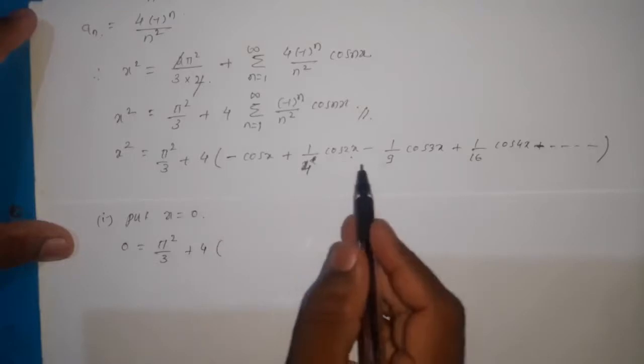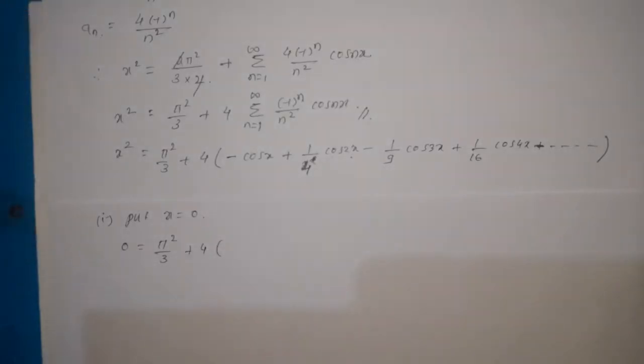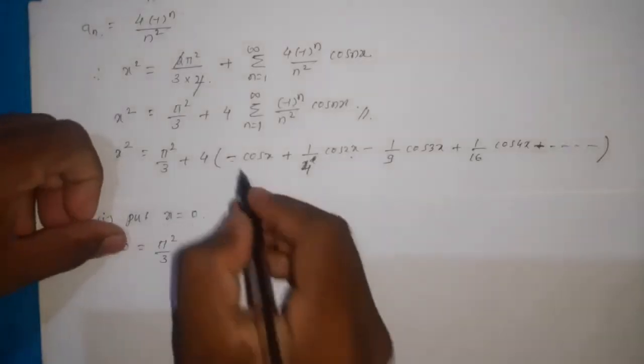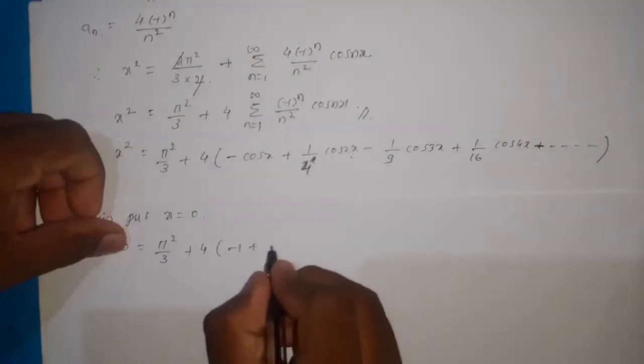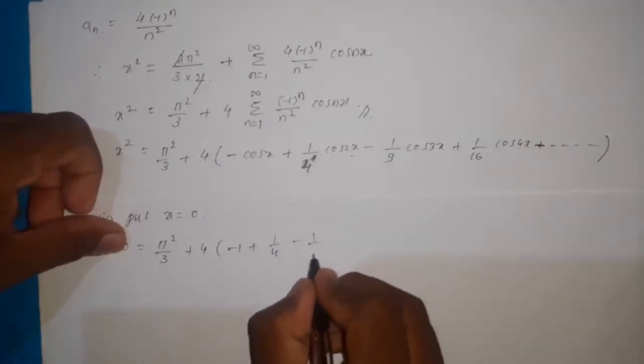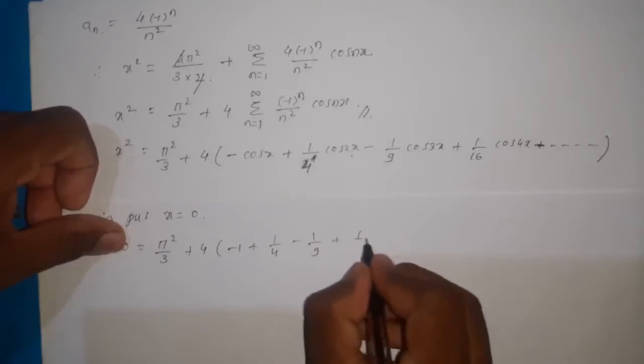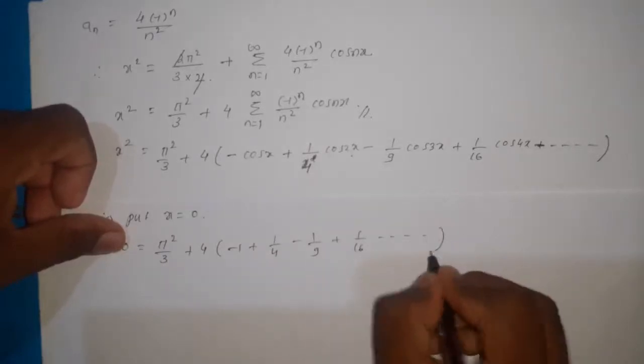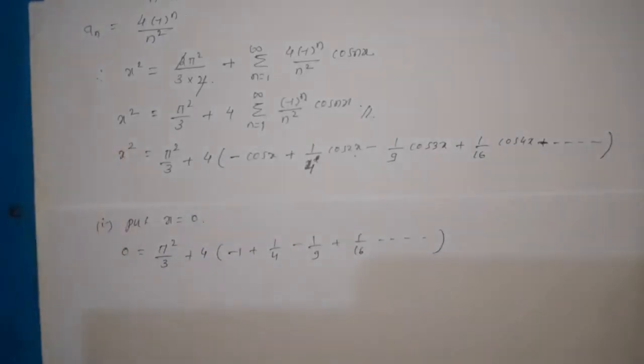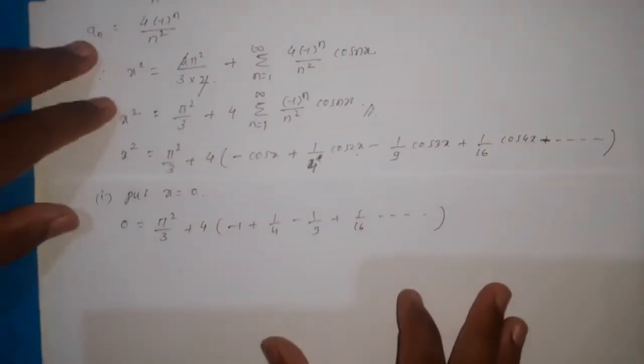Now put the value for cosine. So cos 0, cos 2 into 0, cos 3 into 0, cos 4 into 0, they all become 1, right? So it is minus 1 plus 1 by 4 minus 1 by 9 plus 1 by 16 and so on, by substituting x equal to 0.